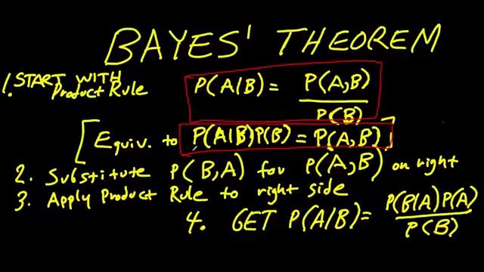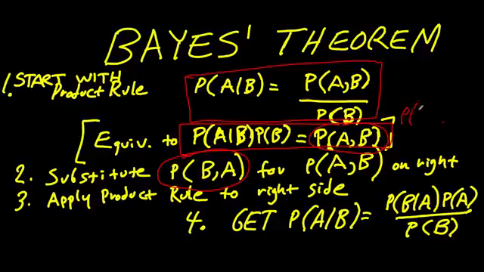B. Okay. Now we can substitute probability of B and A for probability of A and B because we know that they are completely equivalent. And then we can apply the product rule again to probability of B and A in the form that we've written it in its equivalent.